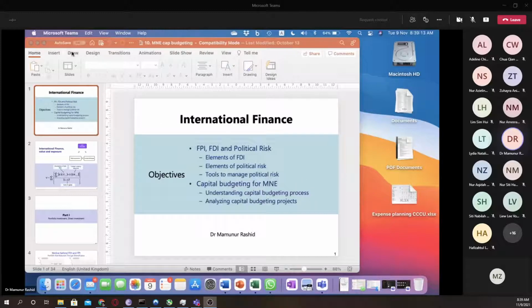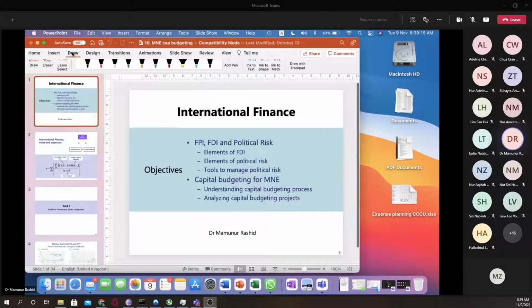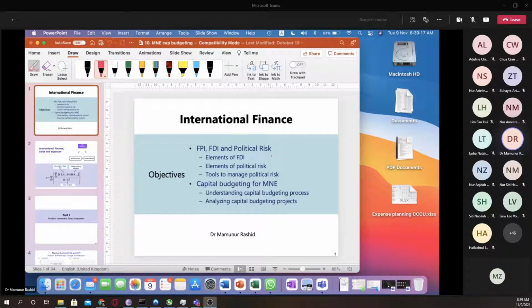In this chapter, as I said before, our discussion starts with political risk first. We will see how foreign portfolio investment, FPI, foreign direct investment, which is basically investment by a multinational company, and political risk are connected. Then in the second section, we'll move to capital budgeting for a multinational company.